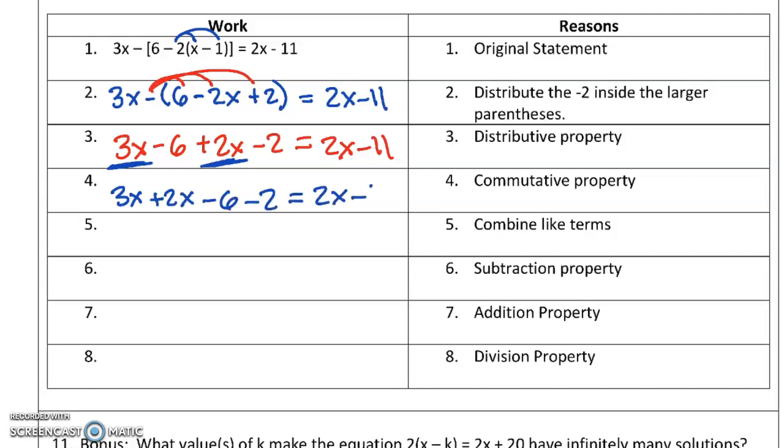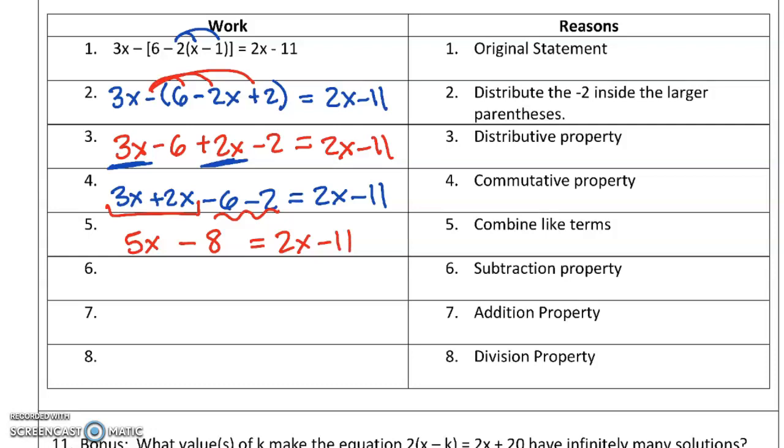That's our commutative property, moving the numbers around to make it look nice and neat. So I'm going to combine like terms. I've got 3x plus 2x gives me 5x. I've got negative 6 minus 2 gives me negative 8. And the other side stays.